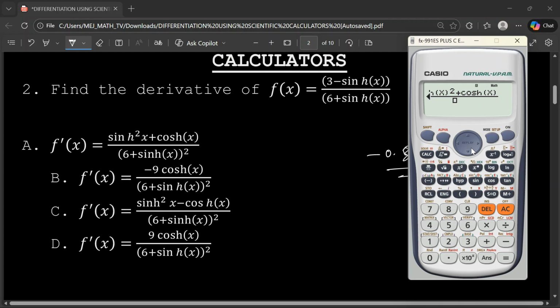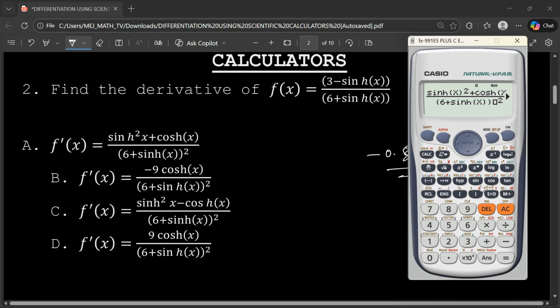We close it, then we come down. Then we're having bracket open 6 plus hyper sine h of x. So we are going to have alpha x, then we close it, and these all squared.